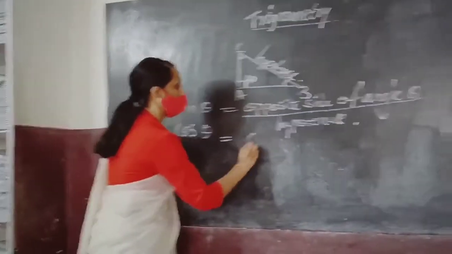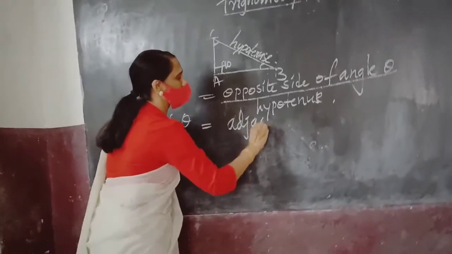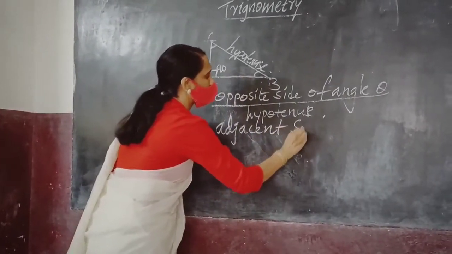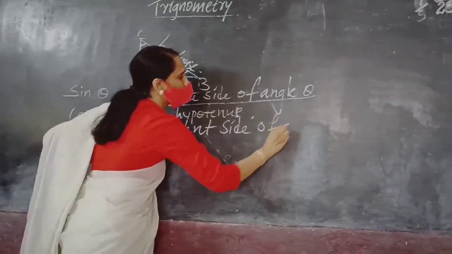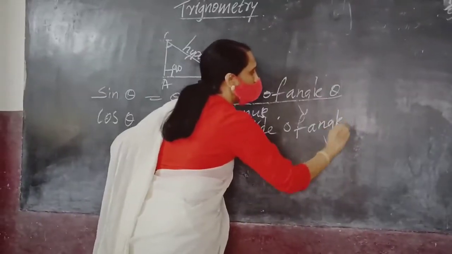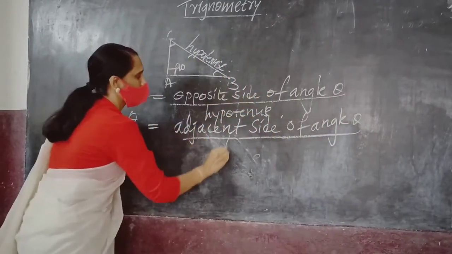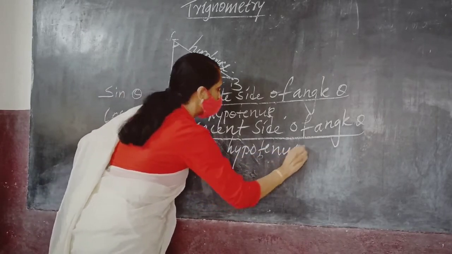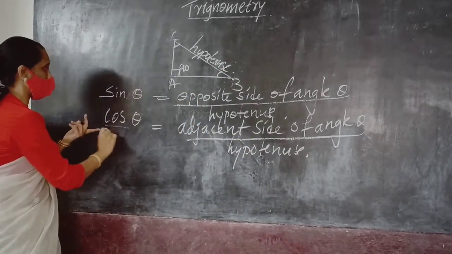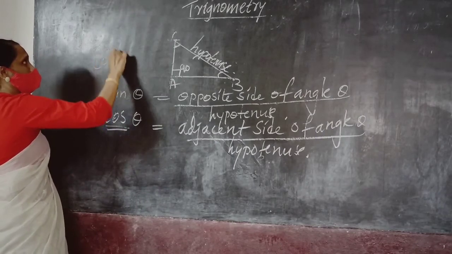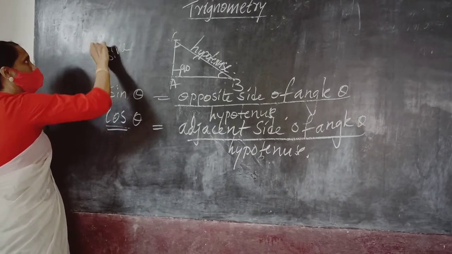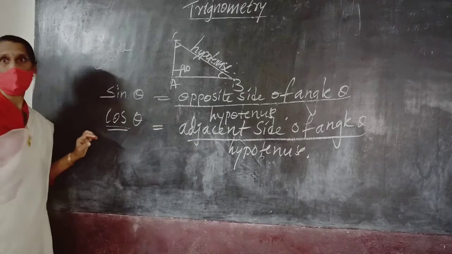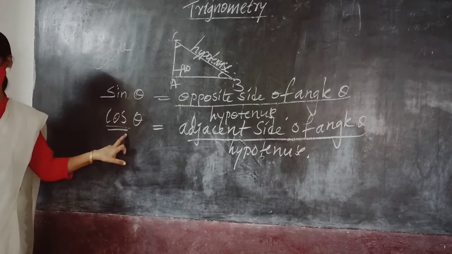So cos theta is the adjacent side of angle theta by hypotenuse. Actually, its name is cosine. In short form, we write cos.